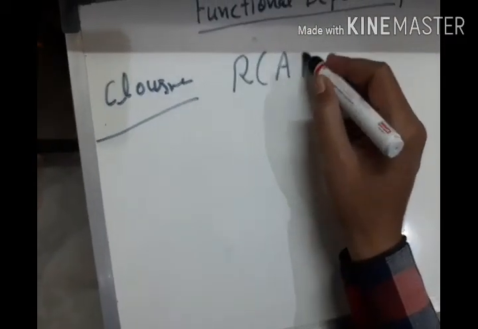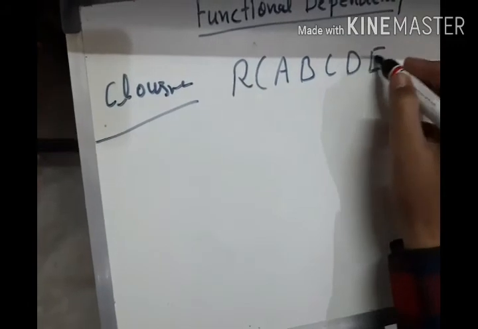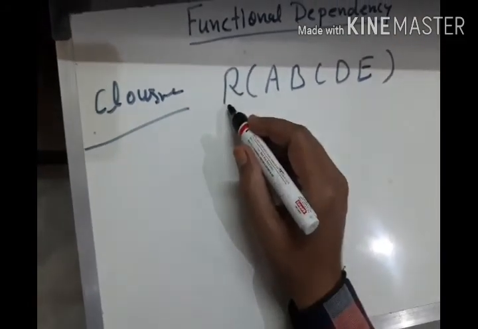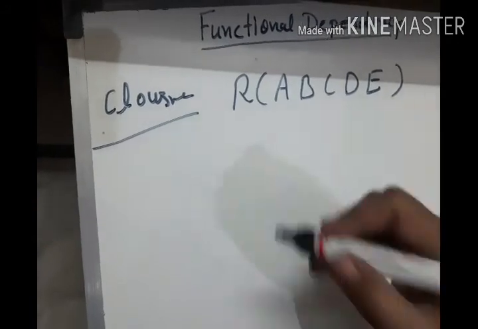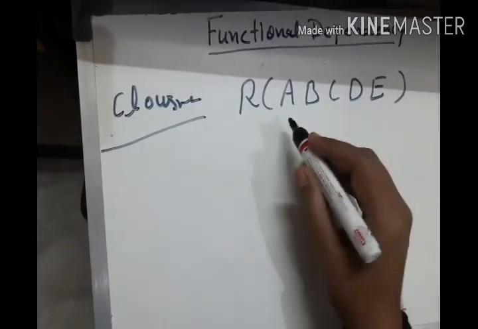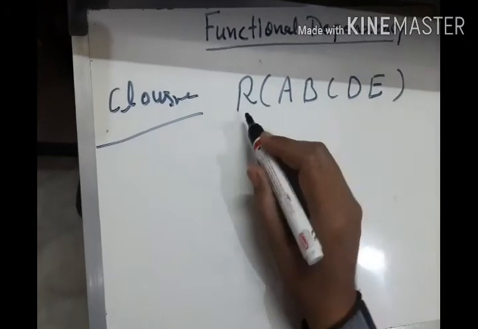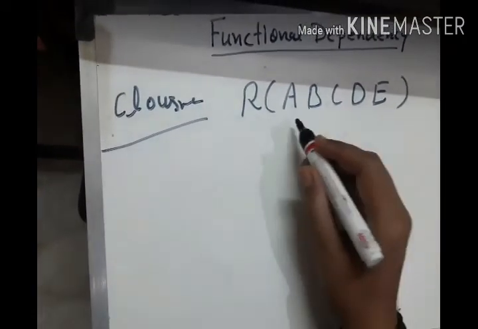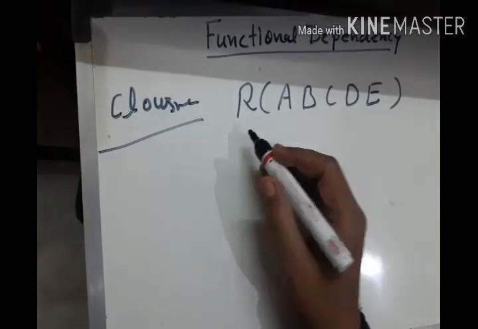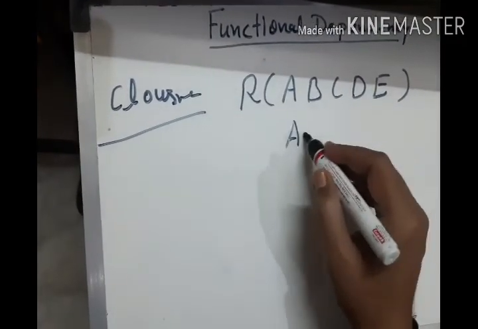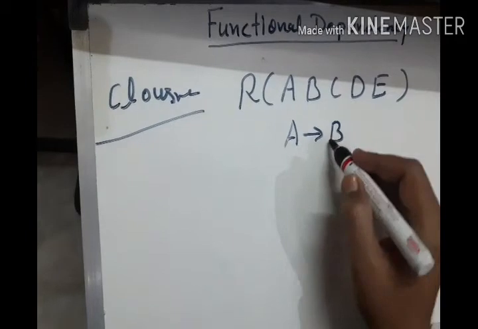Suppose we have a relation R(A, B, C, D, E). R is the name of the table and A, B, C, D, E are the attributes of the table R, or we can say the different columns of relation R.